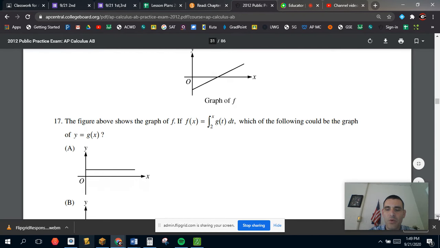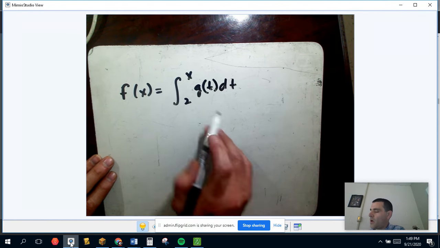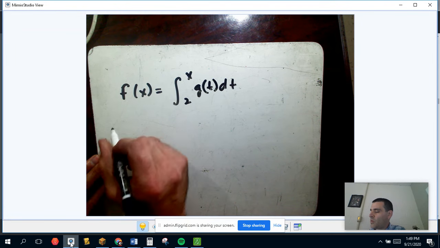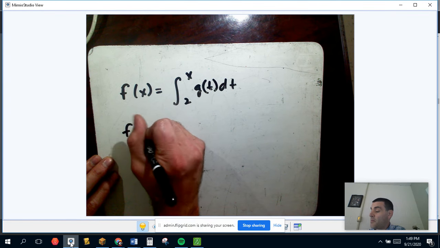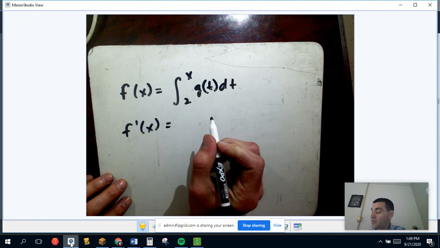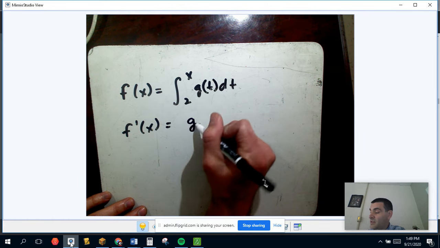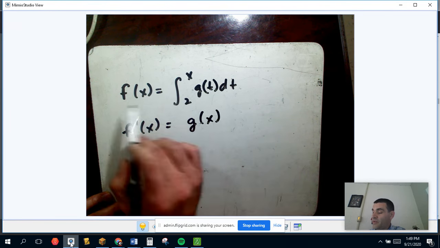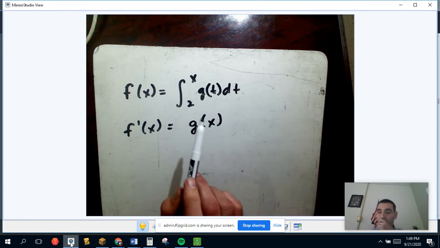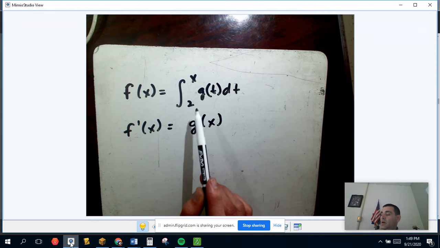Let's think about what g of x is right here. We know that f prime of x is basically g of x. Remember, we take the derivative, it takes this out, but you have to think also about these limits.